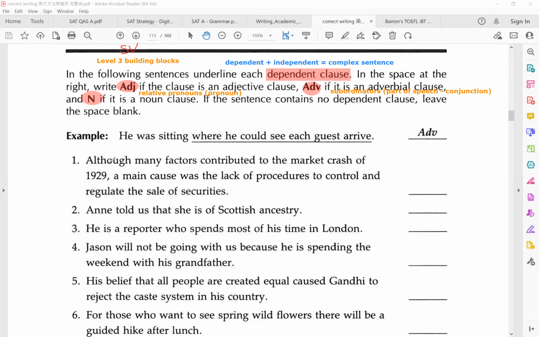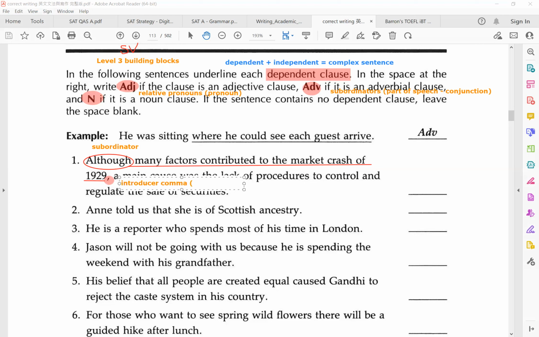So now in number 1, we can see the first word, although, is a subordinating conjunction, right? A subordinator. So that means in this case, we have our dependent clause, right? And if you remember, when we have our dependent clause at the beginning, our adverbial clause, we need to have an introducer comma.